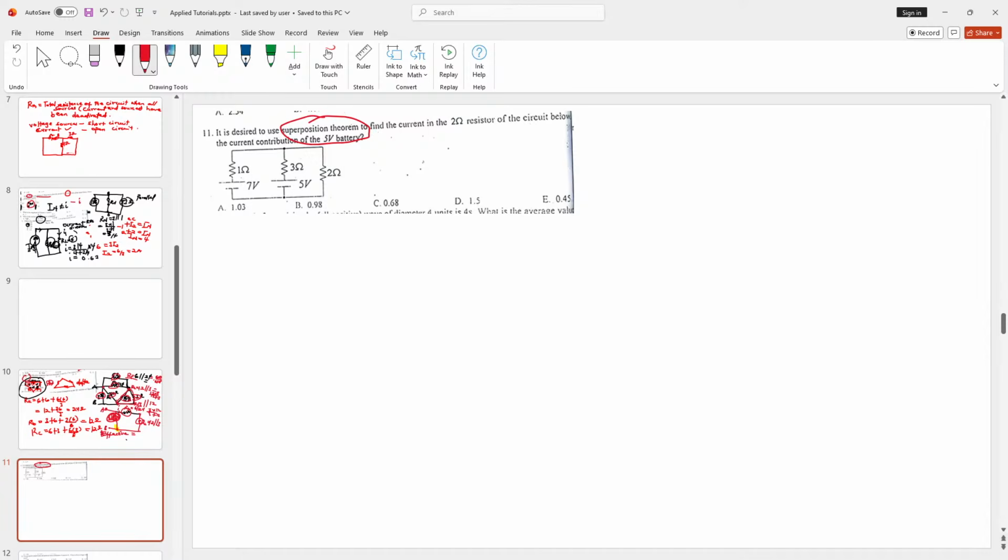But it is desired to use the superposition theorem to solve the question. All right. So what does superposition say?